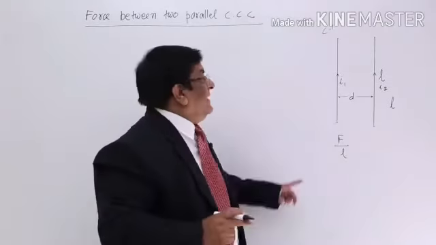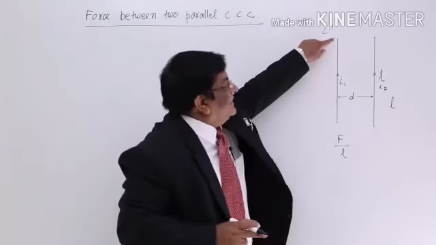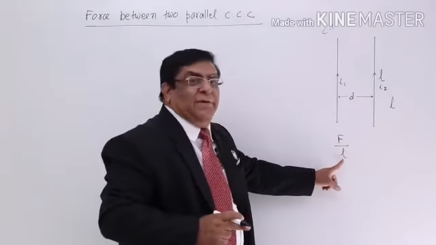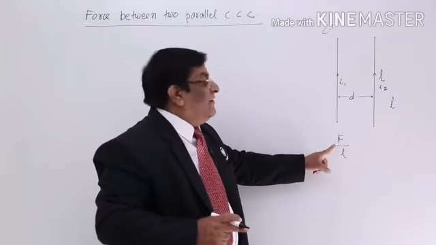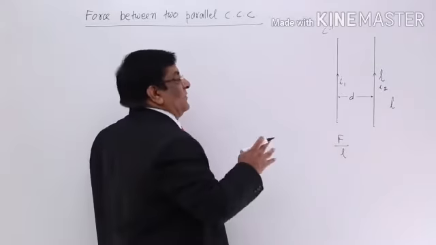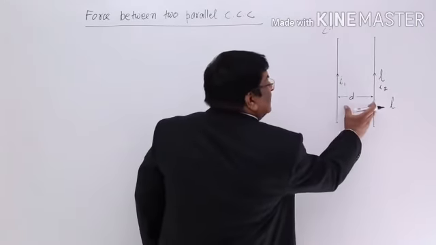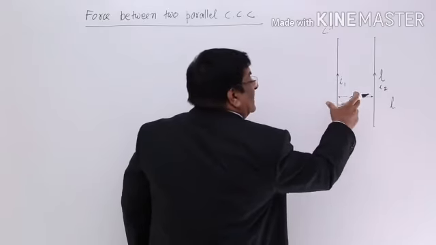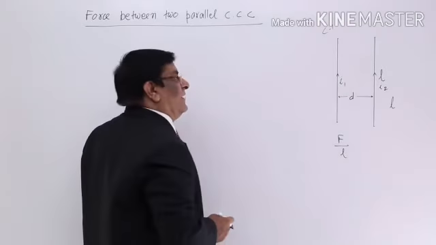How do we find it? We find the total force on length L, and this total force is divided by the length L, which gives the force per unit length. Now, we are going to find out whether there is any force, whether that force is attraction or repulsion, and what the magnitude of that force is.